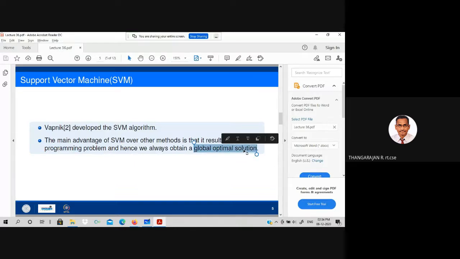Whereas in any other optimization problem, it is not always guaranteed that whatever you find will be a global minimum rather than just a local minimum. But if the optimization problem is a convex programming problem, then we can say that what we get is a global minimum.